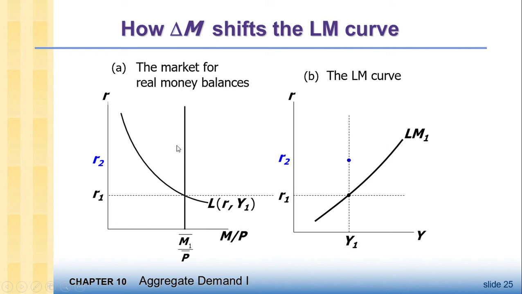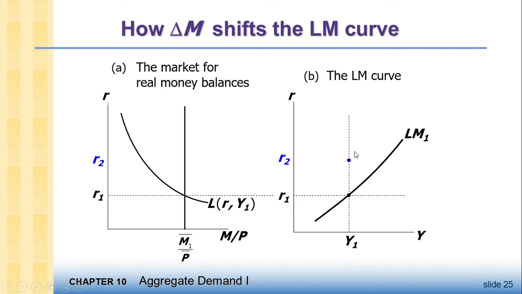If there is a change in money supply, we have already seen that money supply will be here, and in order to keep the equilibrium intact, what we'll see is that the rate of interest increases, right? So a shift in the money supply often shifts the market for real money balances and the interest rate, and at the new interest rate, given the previous amount of income, we are now seeing the LM curve shifted upwards, right?